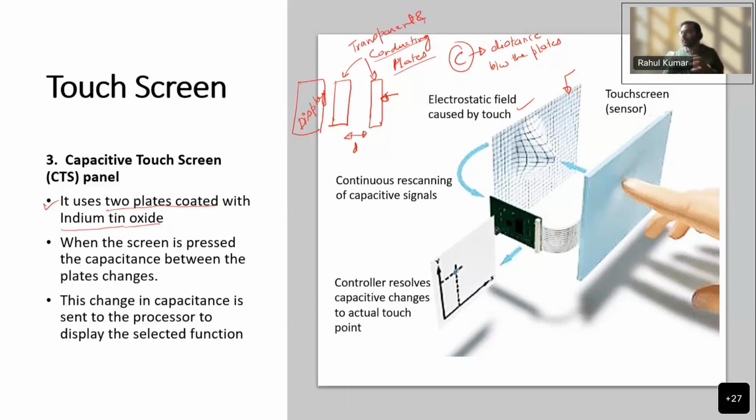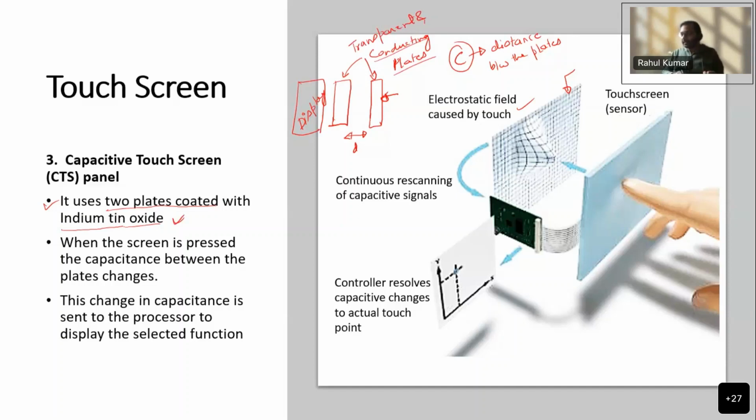So to make them transparent, we use glass, and to make them conducting, we coat the glass with indium titanium oxide. This material will make it conductive.